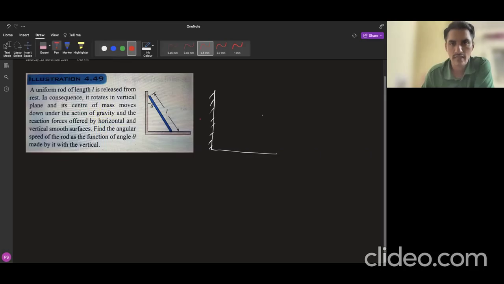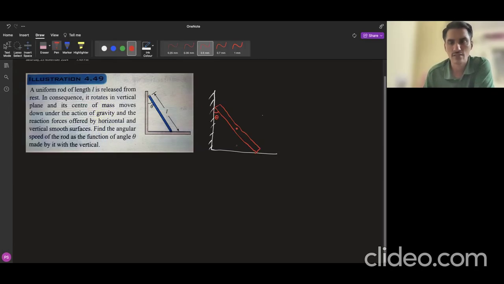Now I am drawing the motion of the rod at a particular instant. Right. At a particular instant, it is making an angle theta with the vertical.